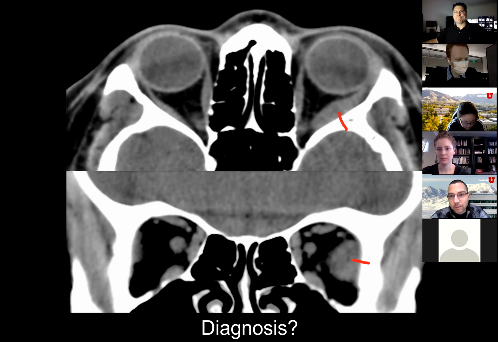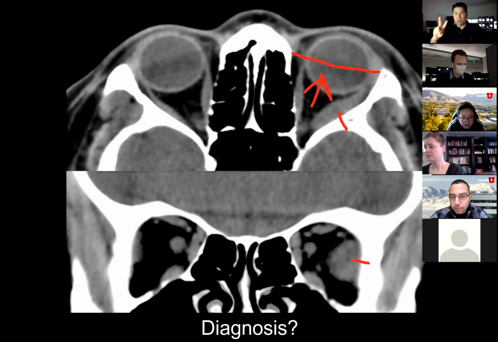Eyeballs move, okay. Any other questions? If the eyeball's trying to escape the skull, you should have two big questions. What are they? Is there exophthalmos? Or proptosis? That's the eyeball trying to escape the skull.